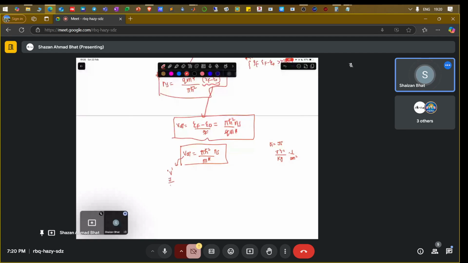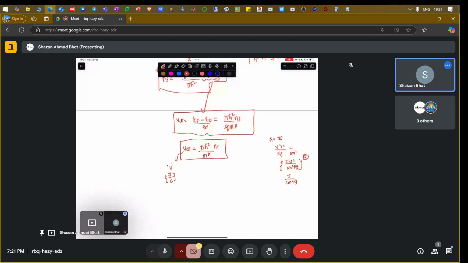Joule square, second square, centimeter square, kilogram. You can write it as electron volt. Yeah, it will give you exactly that joule per coulomb. Joules, centimeter square, kilogram per second square.